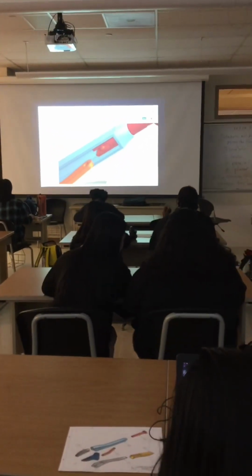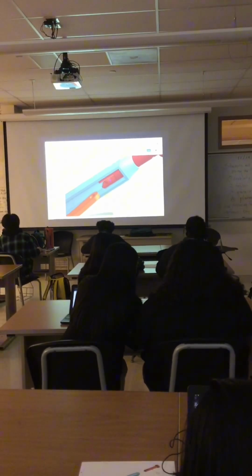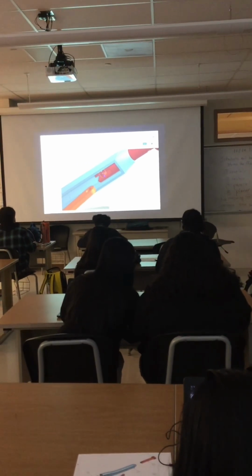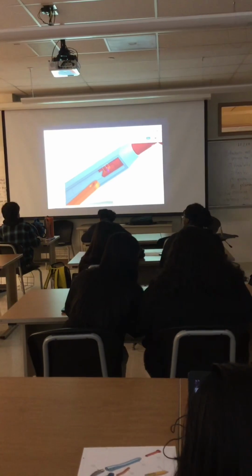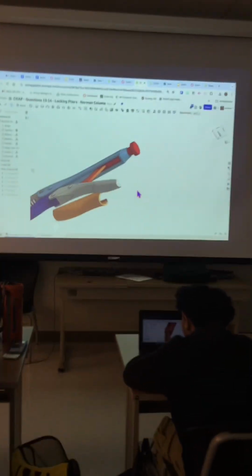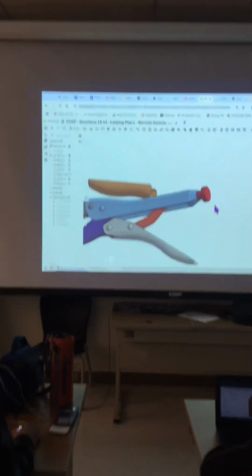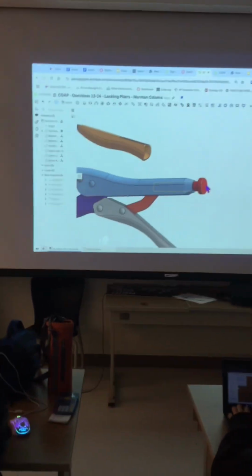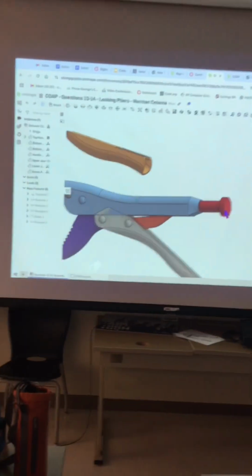So let me put my Revolute mate here first, right? Shift, shift. Right, so now see how they are all connected.